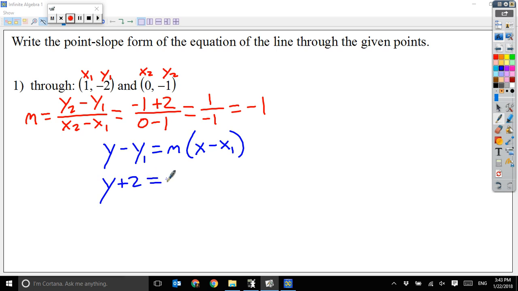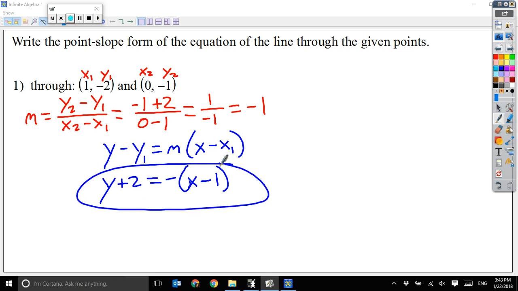My slope is negative 1, so negative x minus, and then x1 is 1. So that is my equation in point slope form. Go ahead and try the rest of the problems in this section. So I think that's numbers 2, 3, and 4. Go ahead and pause the video right now, and then I'll show you the answers for those.